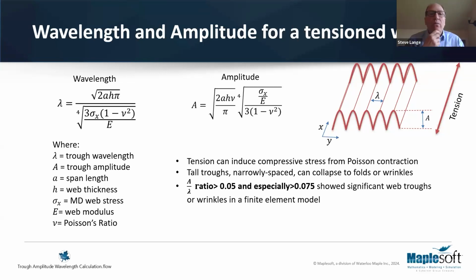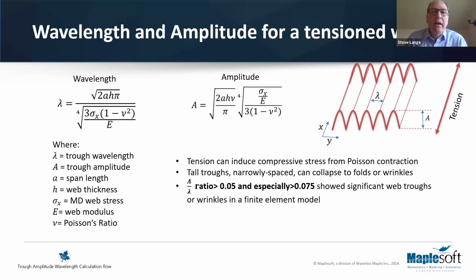If you overtension a web, you can start to see longitudinal waves or troughs form, particularly around the center of the web. And if those are big enough and close enough together, they can then perpetuate through subsequent spans in the machine. So there's some equations for calculating, given a certain tension, what kind of wavelength and amplitude waves are you going to generate in your web.